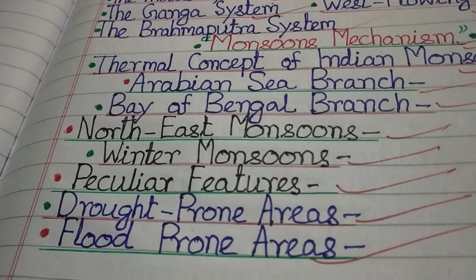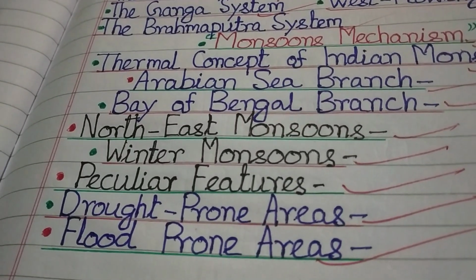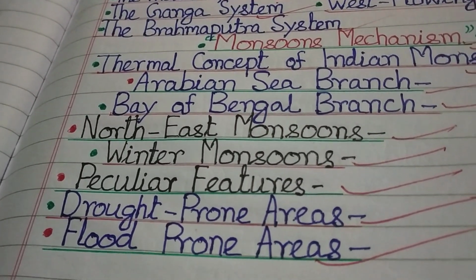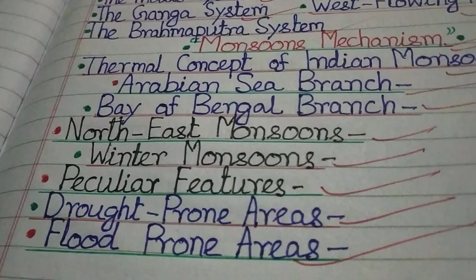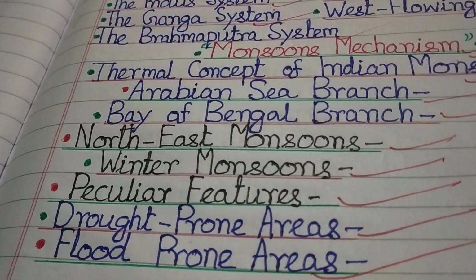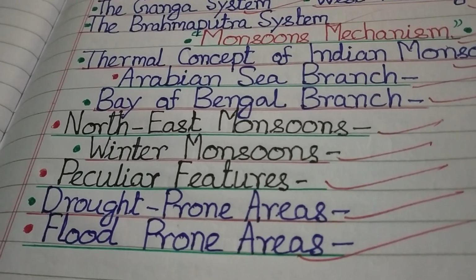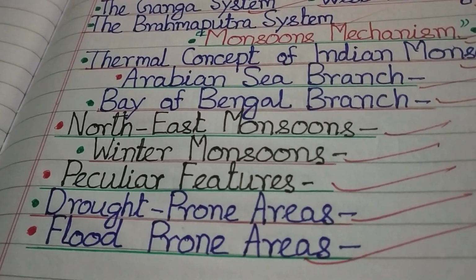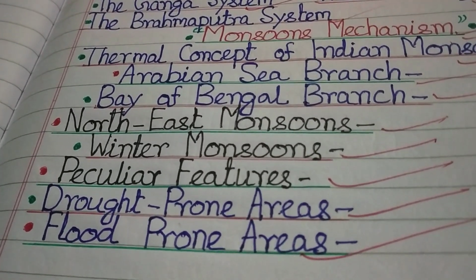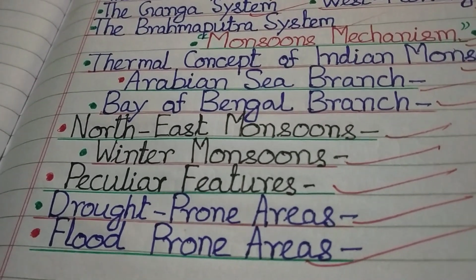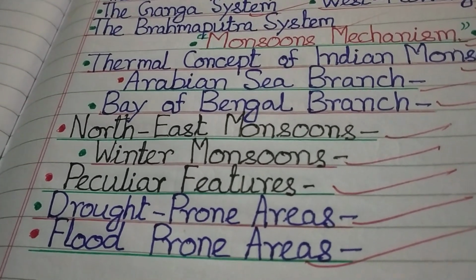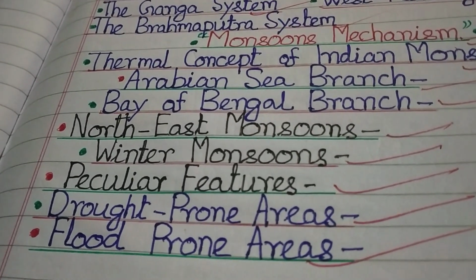These air masses check the ascent of air and absorb its moisture. These conditions are unfavorable for precipitation in Kutch and western Rajasthan, where desert conditions prevail.